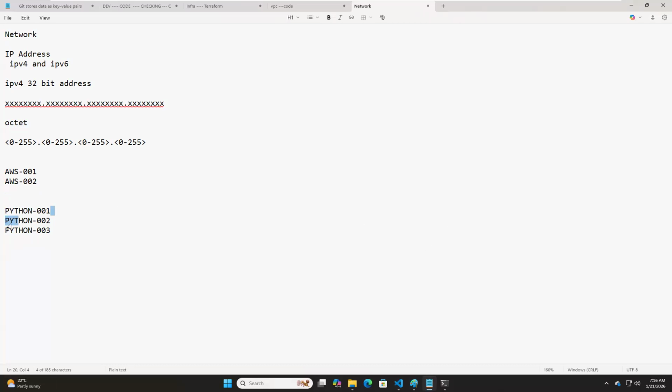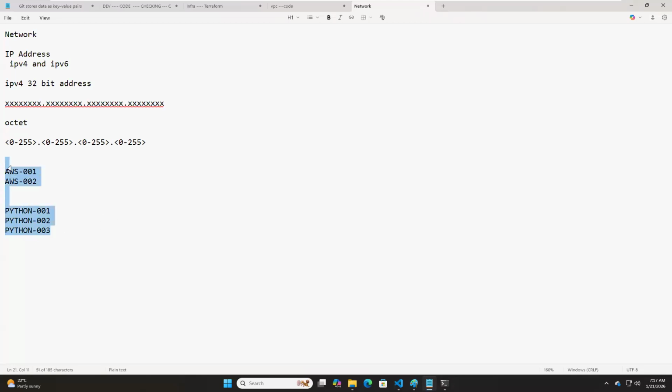If the ID card says Python 001, I understand that the student belongs to the Python session and his identity is 1, and the other student belongs to Python and his identity is 2. Like that, I can identify, because I have my brain functioning, so I can simply understand that.